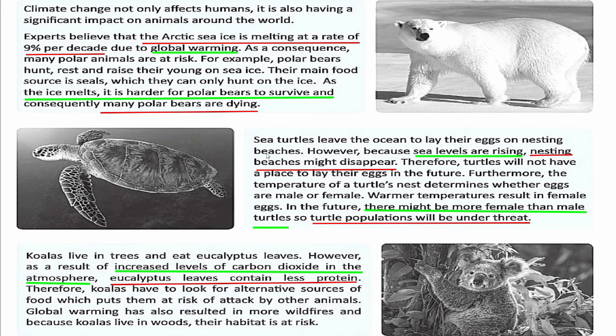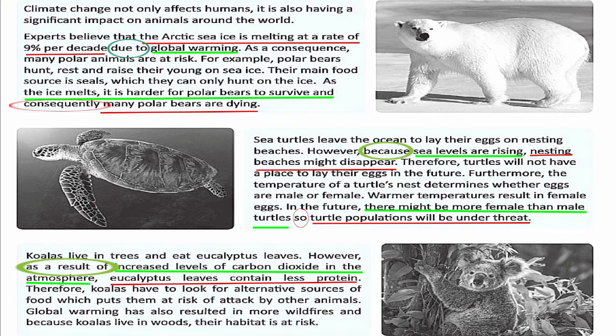So we have two possibilities: cause after the effect and cause before the effect. Also, we have different connectors. We have due to, consequently, because, so, and as a result of.